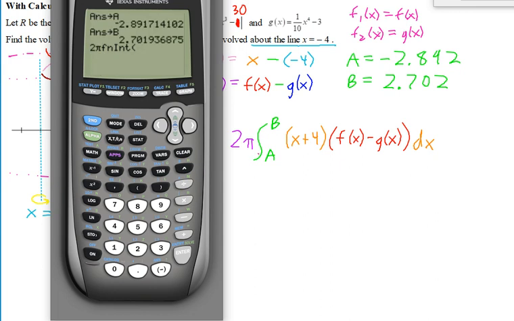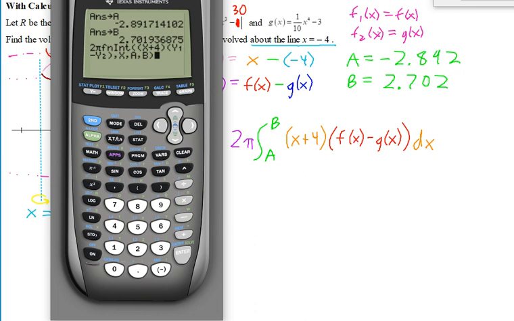And then we've got x plus 4, so parentheses, x plus 4, close parentheses, and then open parentheses, f of x, that was our y1, so vars, go to Y-VARS, number 1 Function, y1, minus, vars, go to Y-VARS, number 1, and then y2, close parentheses on that, and then comma, and then x, comma, lower limit alpha A, comma, upper limit alpha B.